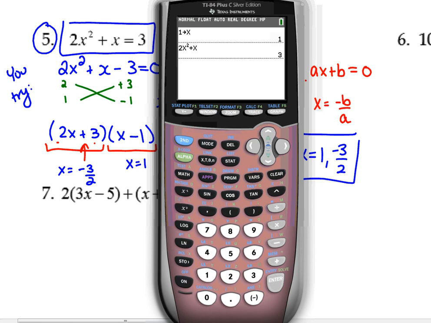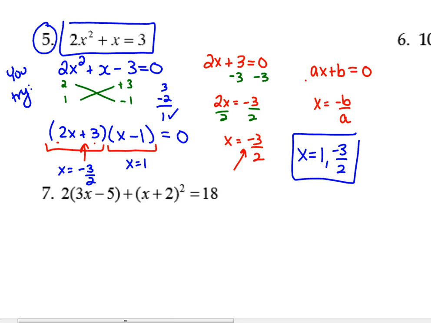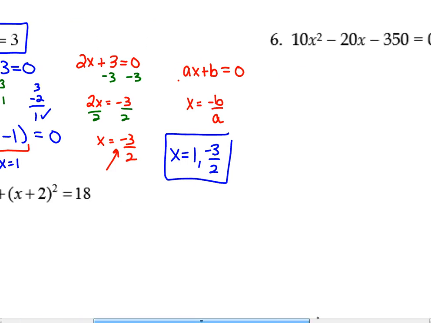Yes, that's correct. And then I could go negative 3 over 2 or negative 1.5, store that as x, is 2x squared plus x equal to 3? Yes, those are my solutions. Checked. Okay? Easy? So did you see how you have to know how to factor today in order to solve?